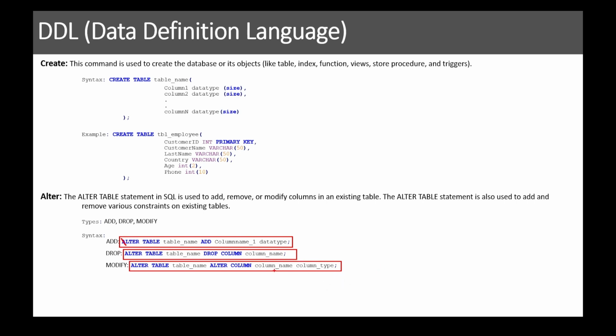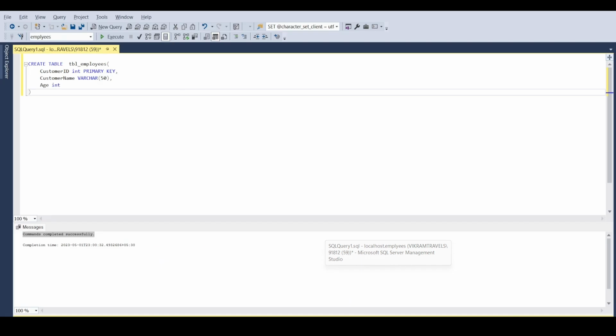What I want to do here is modify, or update, the data type of the column. So for that, I'll use alter column. Okay, so in practical we'll see. Switching to SQL Server Management Studio.